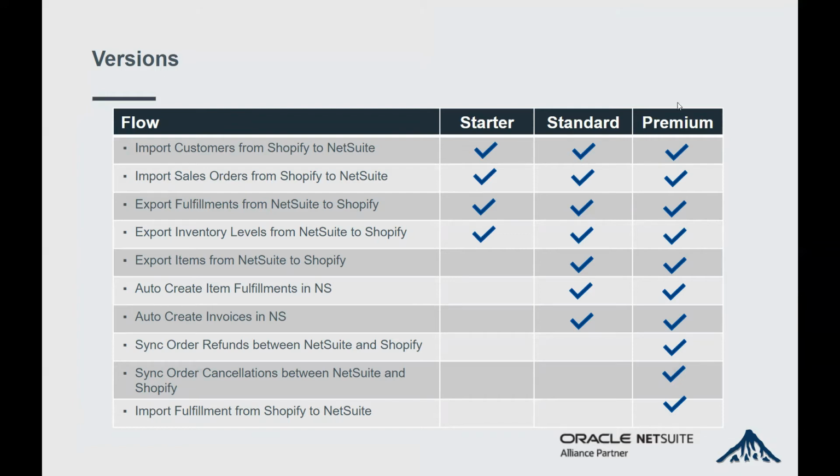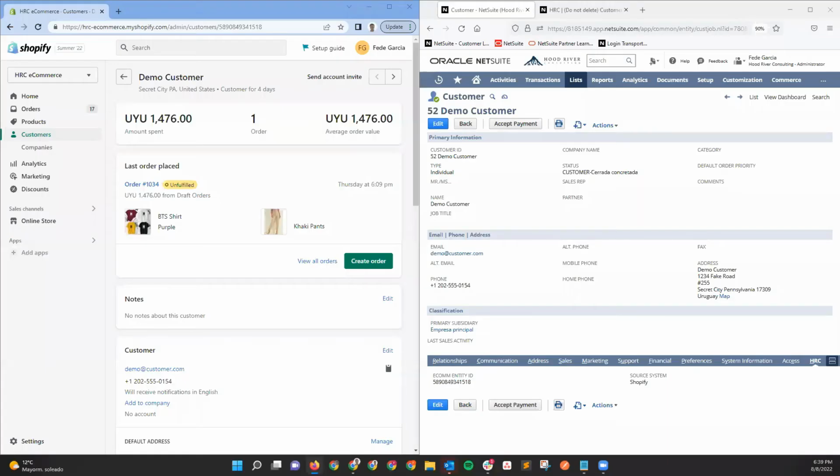We will begin with the customer migration for the starter version. First, for customers, we can see that the customer was created in Shopify and migrated to NetSuite. We have a scheduled script that will look for recently created customers and send the information to NetSuite, including addresses and internal ID.